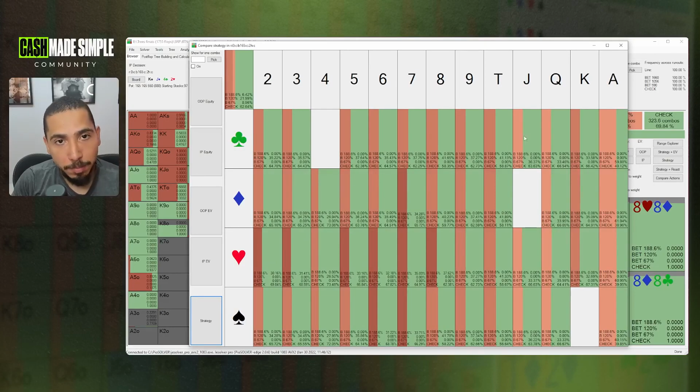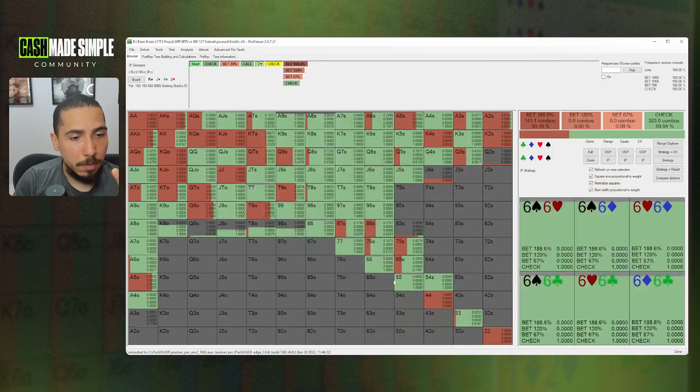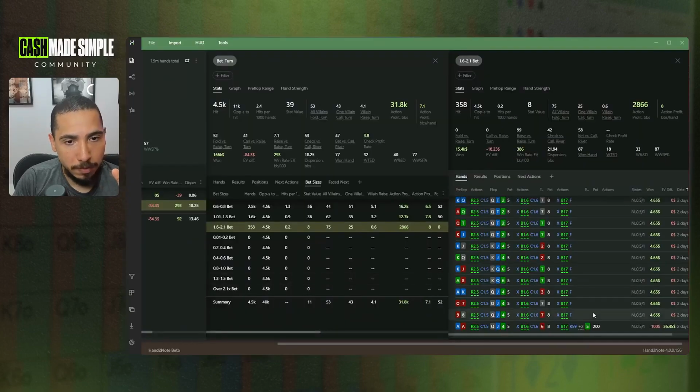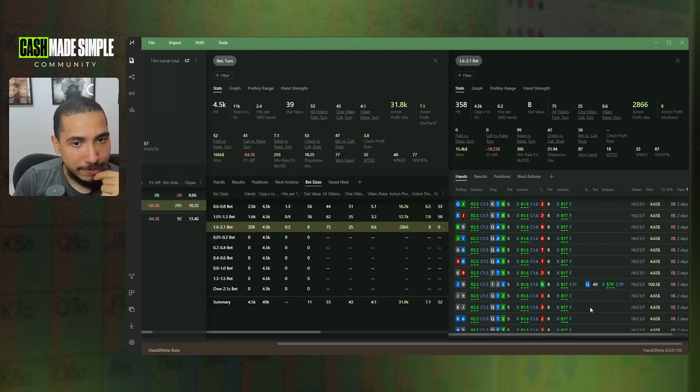The runouts that are completing a straight or pairing the board, unless the top card pairs and it's very good for us, we're sizing up. But on the jack here, we are sizing down. On the queen that completes a straight, we're sizing down. On the ace that completes a straight, we are sizing down. Really cool. Through the solver here, we were able to see very clearly the bet sizing heuristics.